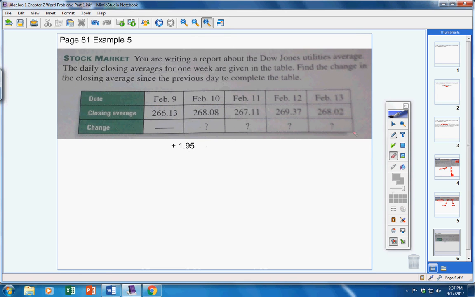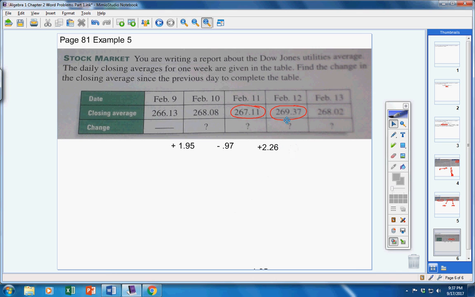Okay? Now, from February 10th to February 11th, it closed here, and it closed here. Well, that's going to be a negative change. It went down. And how much did it go down? Well, if you subtract those two, it went down 0.97. Okay? Now, February 11th, it closed here. February 12th, it closed here. From here to here, it went up. So it's a positive change.